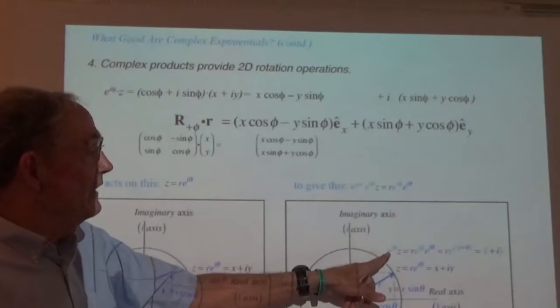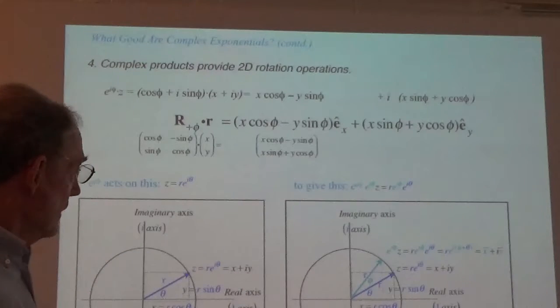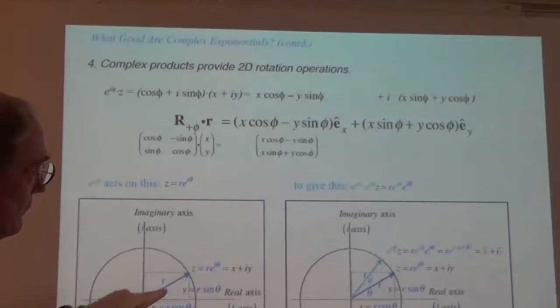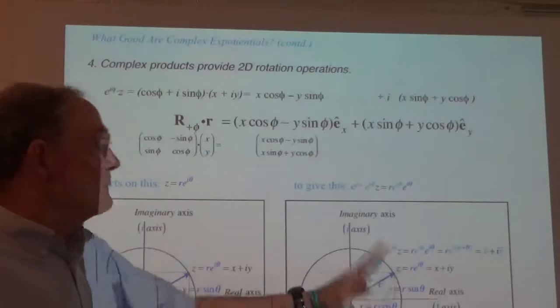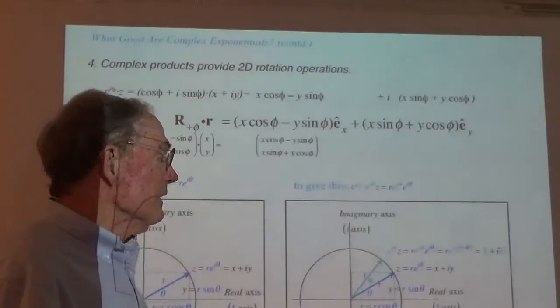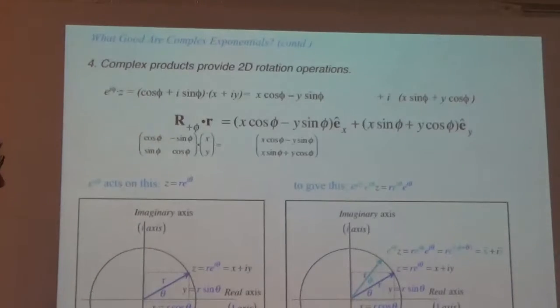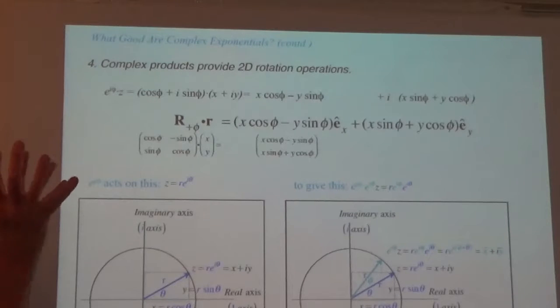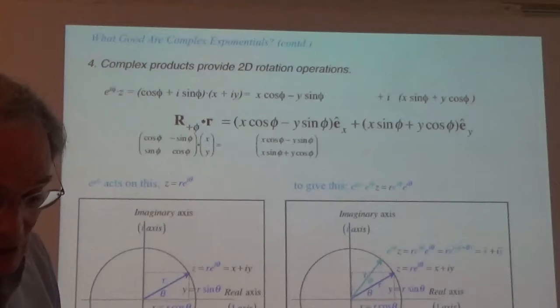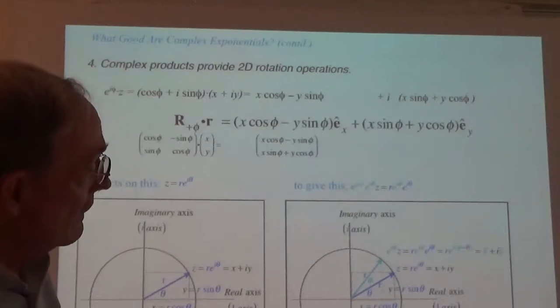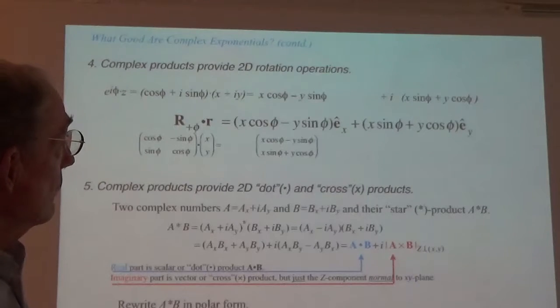This cyan e to the i phi acting on the dark blue z has just moved it up, rotated it. That's the geometrical picture of this, which all of this should be, you know, sort of interchangeable for your thinking if you want to be efficient with this thing.